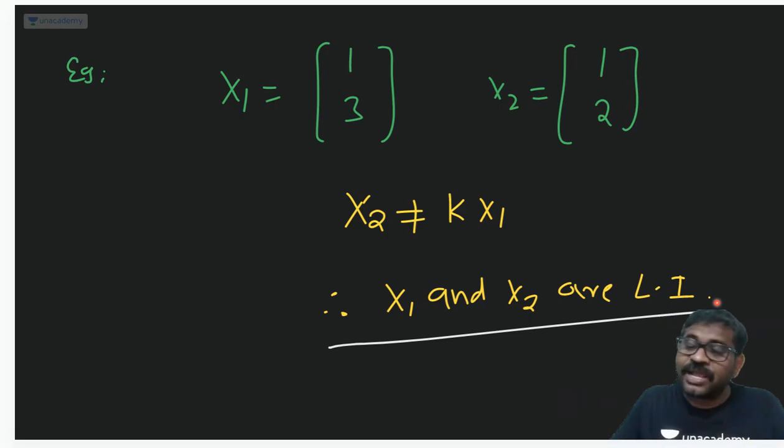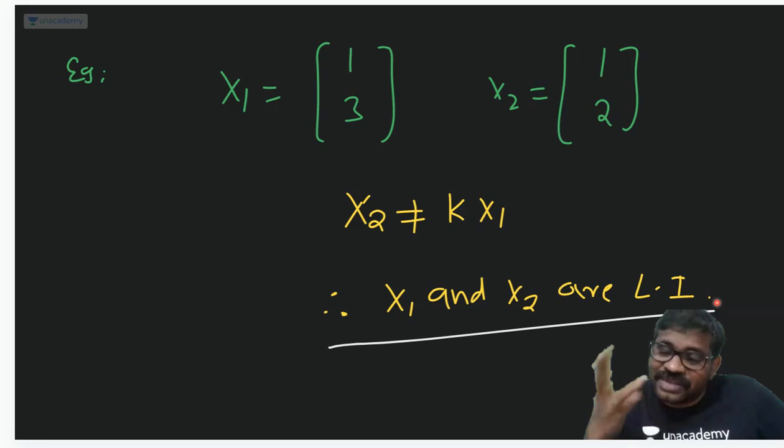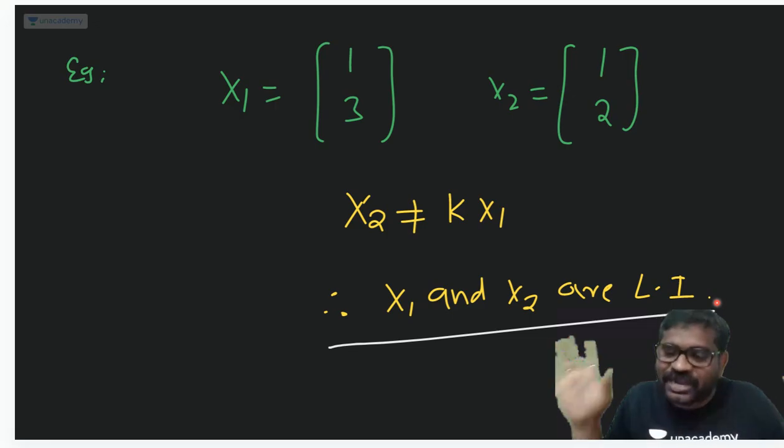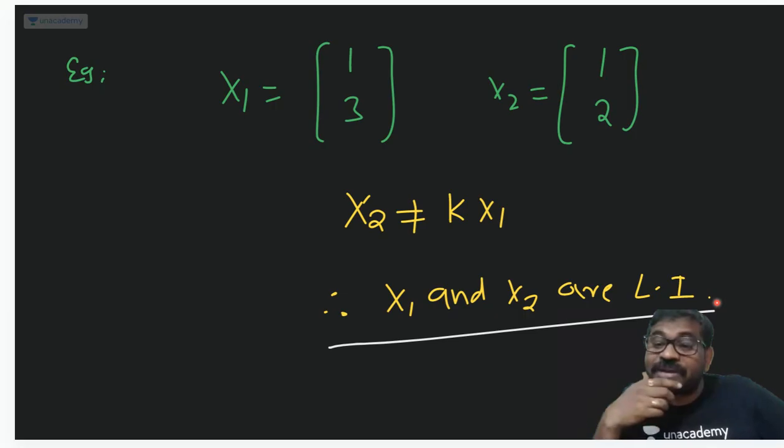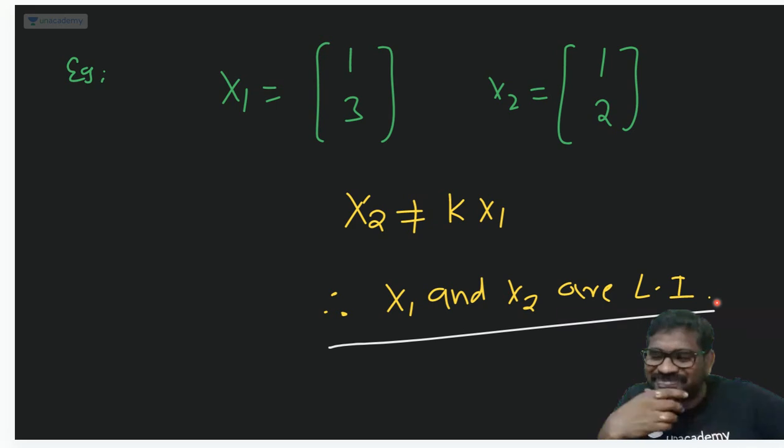Okay. Now suppose they have given 3 vectors or 4 vectors or 10 vectors or n vectors, then how to compare? Examining all possible combinations consumes time.